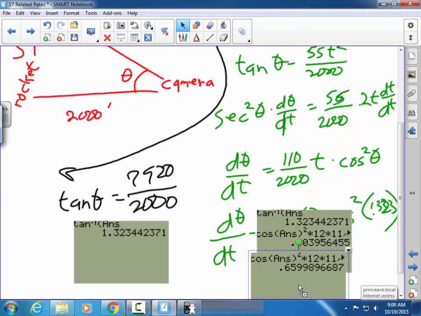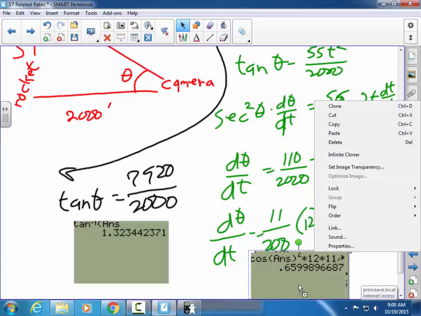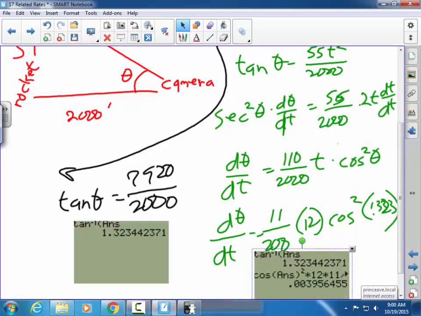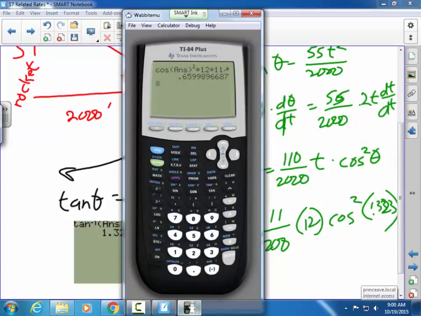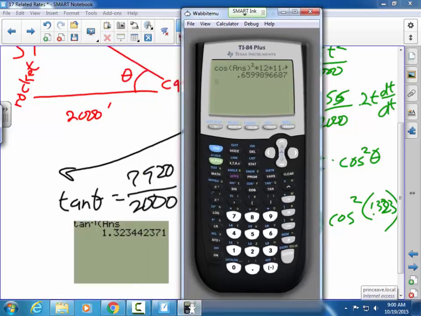All right, so let's start all over. Let's delete that one. Okay. So now we want cosine of 1.323. Yes, this is delta theta. Right?